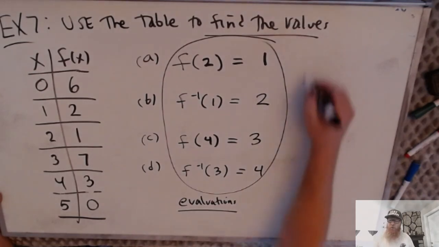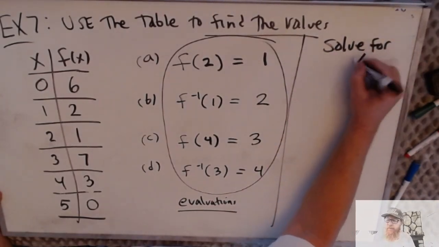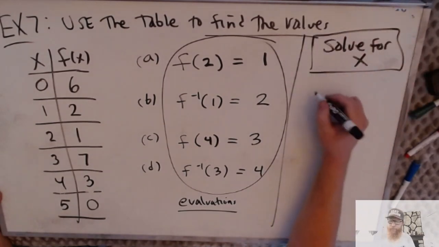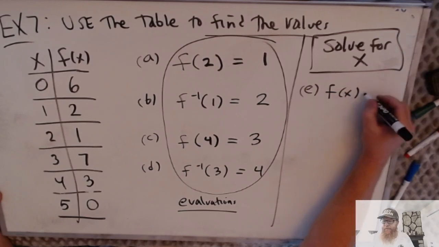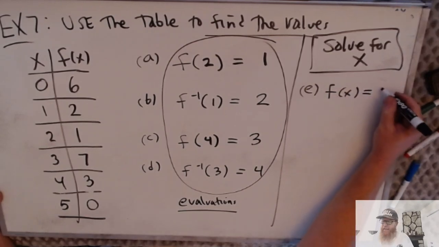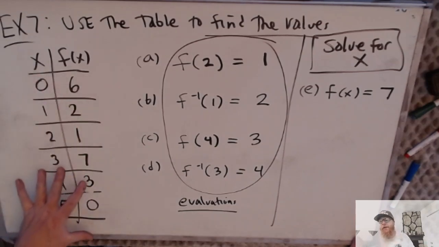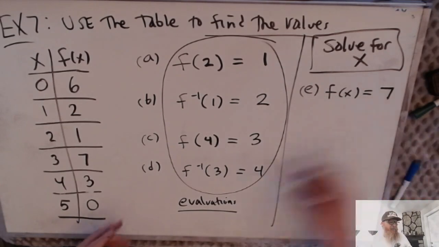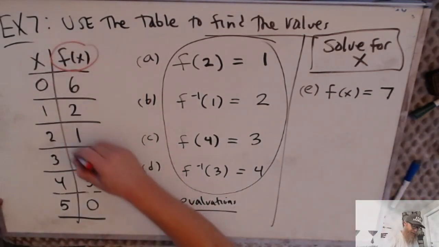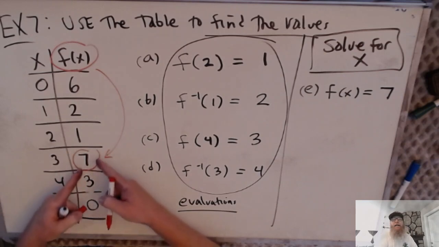All right. We could also find some solutions. Suppose f of x is equal to 7. Using the table, I could solve for x. So if f of x is equal to 7, I'm finding the row in which y is equal to 7.